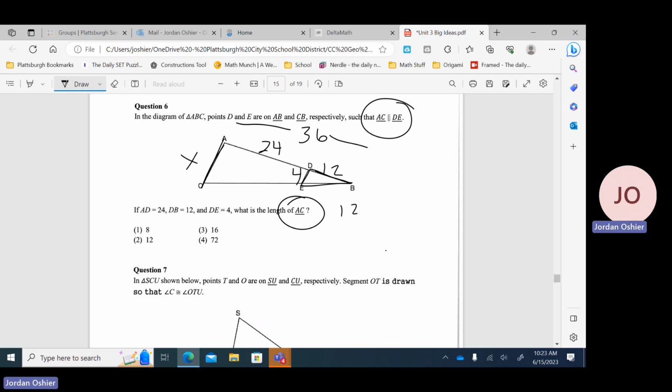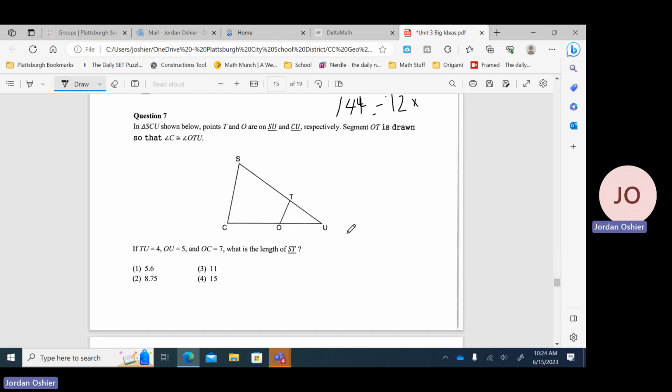It's not the proportional parts that the parallel lines make. So 12 is to 4 as 36 is to X, not 24. Be super duper careful of this picture when that happens. I can't tell you how many times people know better, but they still don't do it. Divide by 12 and you get 12. AC was my X, and I circled that.